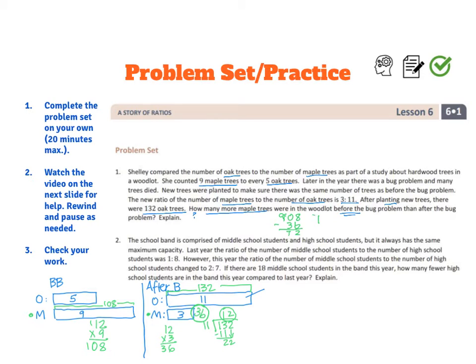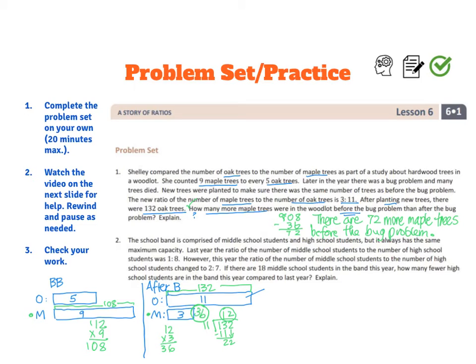So there are 72 more maple trees before the bug problem. Got it. So we've got that taken care of.